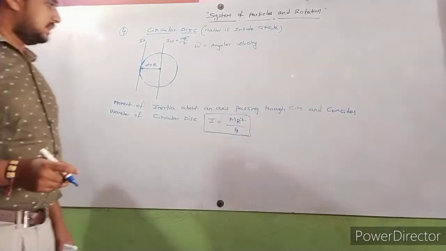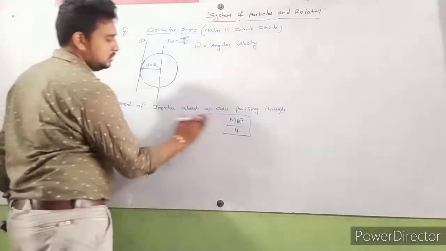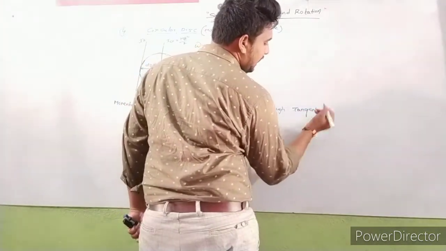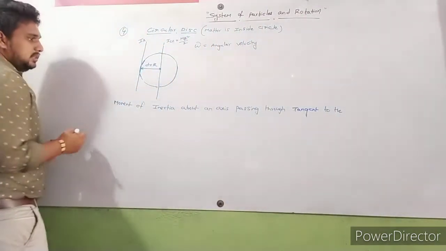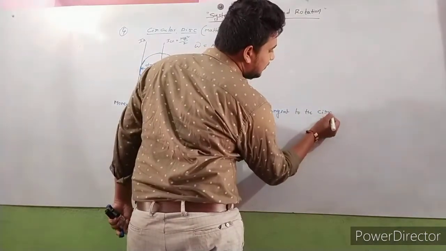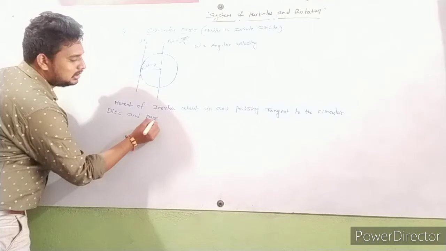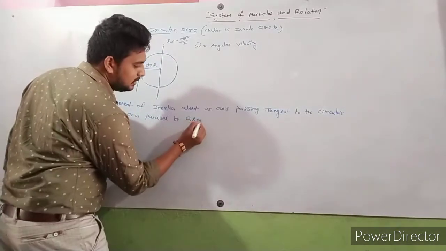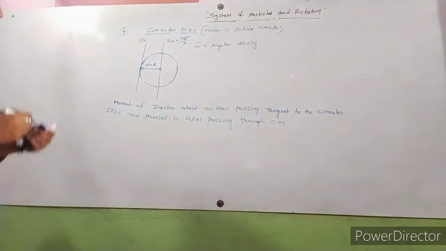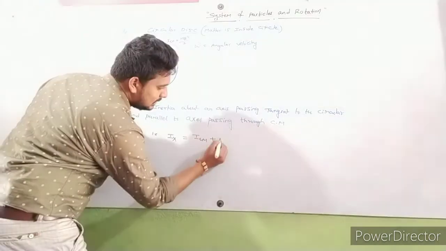Moment of inertia about an axis tangent to the circular disc and parallel to the axis passing through center of mass: Ix is equal to ICM plus md square.